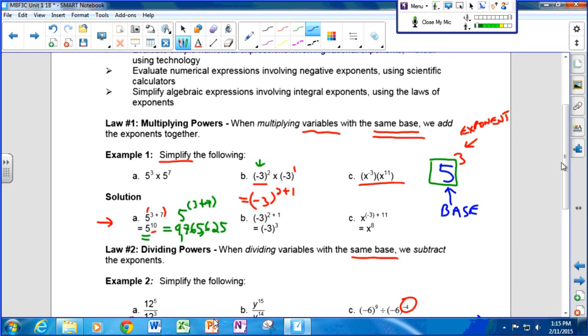So for example 1b, one of the tricky parts is that the second negative 3 didn't have an exponent at all. Remember, if there's no exponent there, it means it's to the power 1. We just don't go around writing things to the power 1, because every number that doesn't have an exponent is considered to be to the power 1.